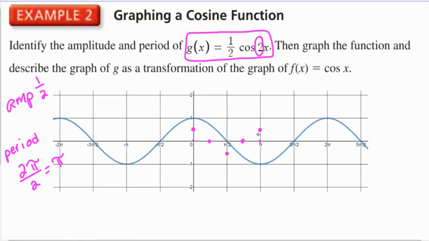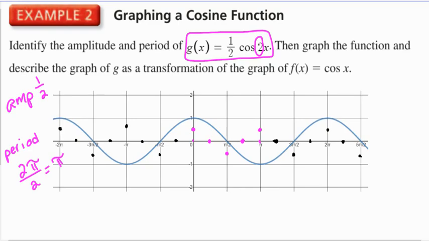And then I can repeat that pattern, right? Middle, low point, middle, high point, middle, low point. I could repeat that pattern on the other side, on the negative part of the x-axis. Middle, low point, middle, high point, middle, low point, middle, high point.